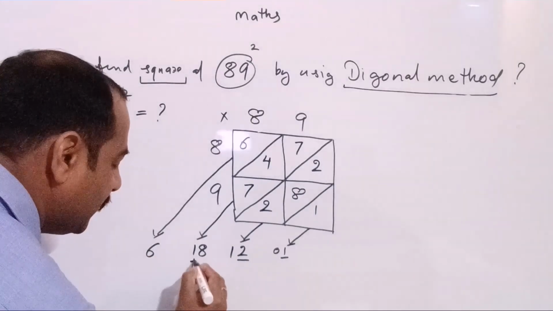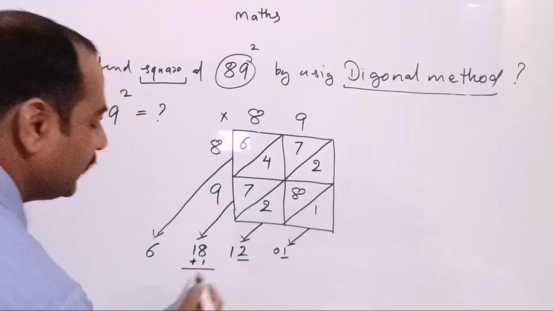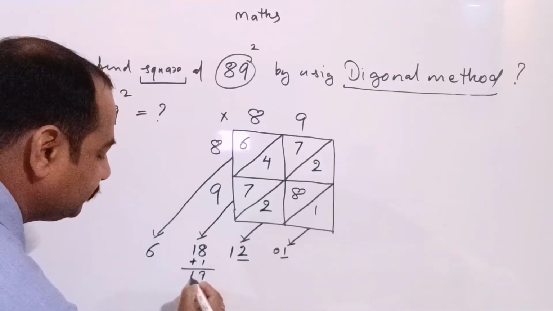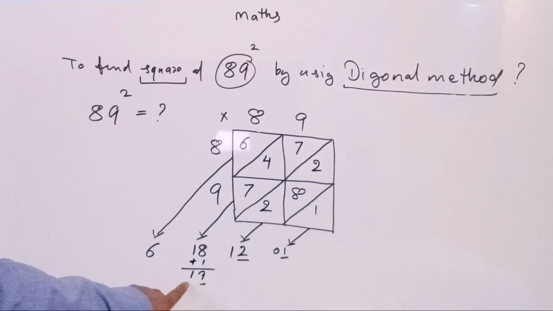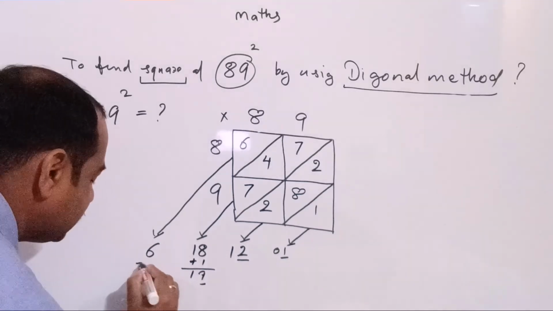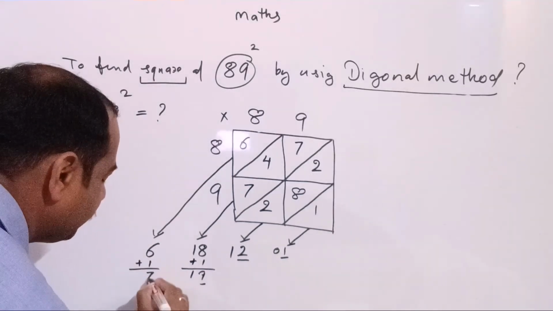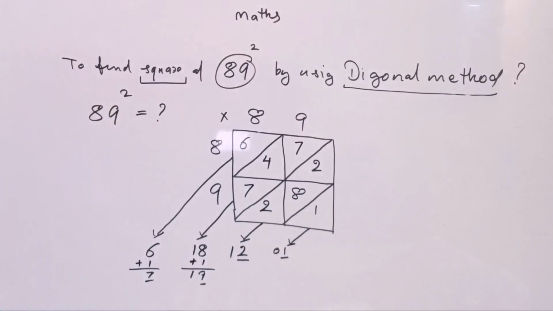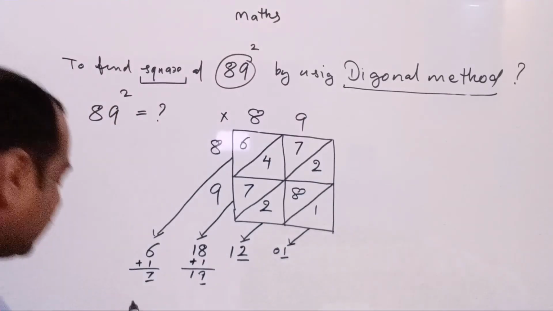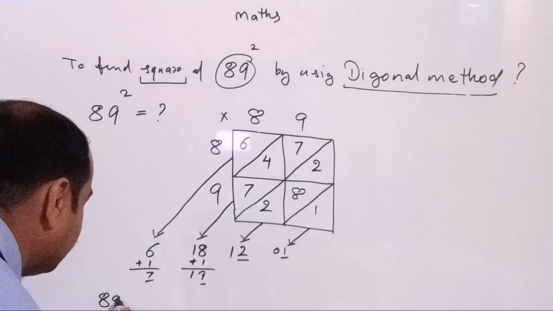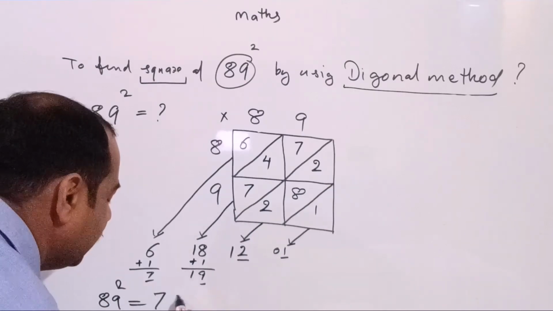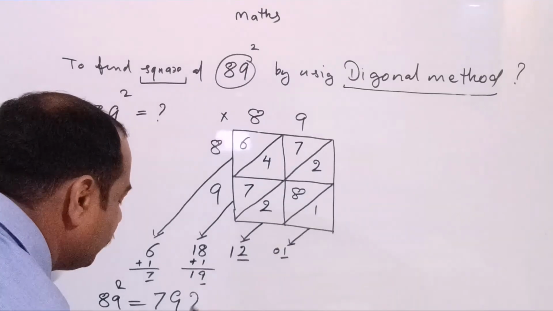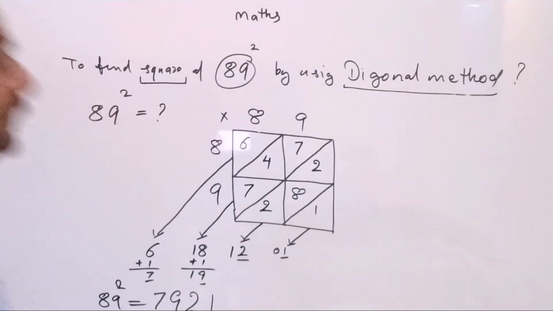This is plus 1. So it will become 19. Now we will take only 9 from the unit place and 1 goes to the next one. This is 6 plus 1, 7. So guys, our answer is 89 whole square is equal to 7, this is 9, this is 2 and this is 1.